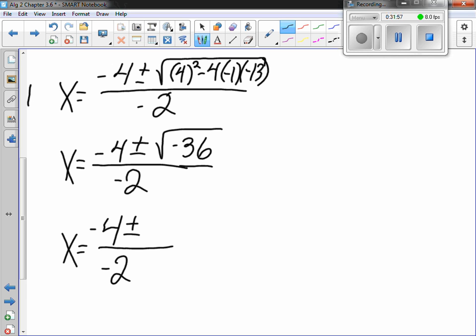No, it doesn't do imaginary solutions. It doesn't work with those. So that's why I don't normally take the square root of 4 squared minus 4 times negative 1 times negative 13 for this one here. I don't use the square root, because if I'm using that yellow calculator, I know it will not simplify it all the way. It'll just throw it out as domain error.